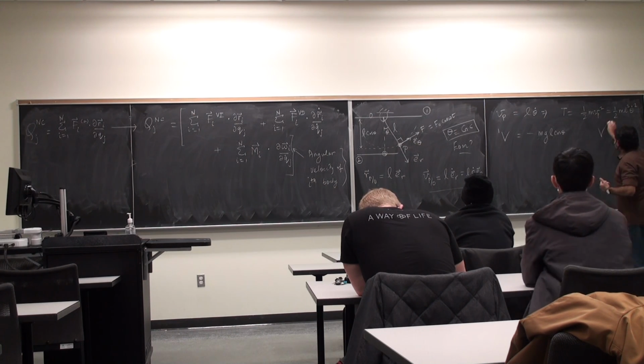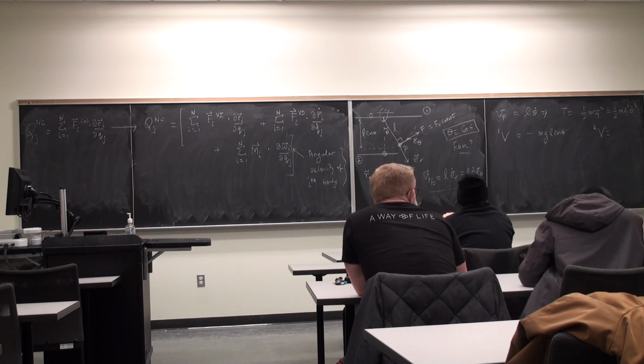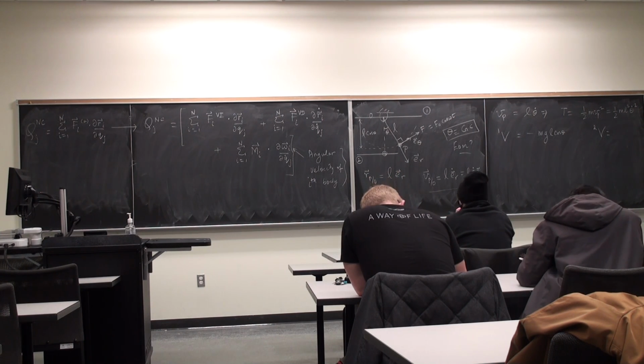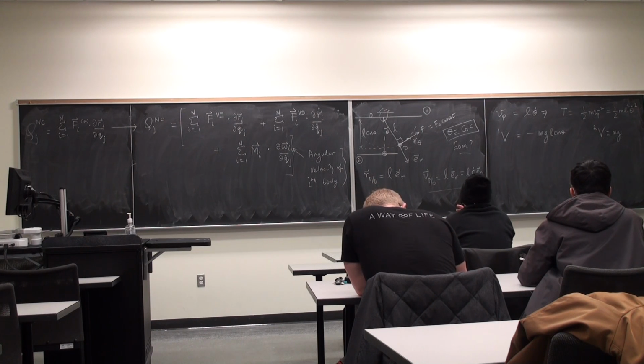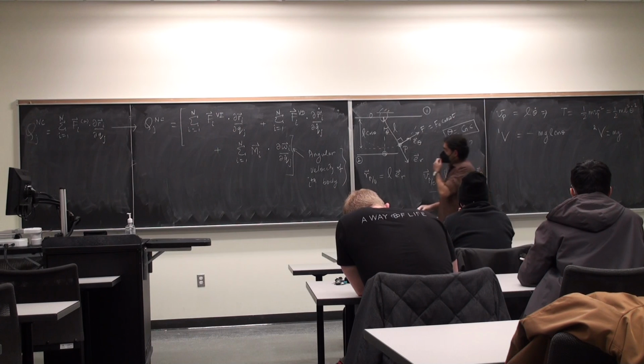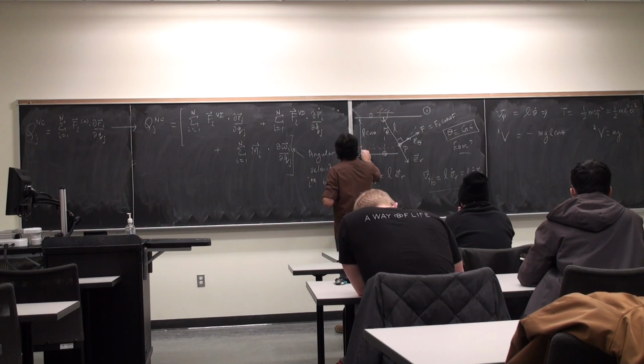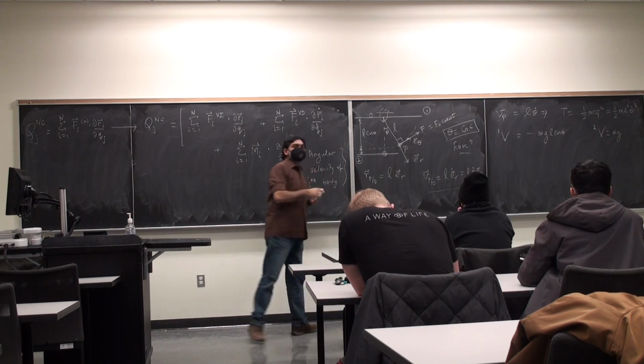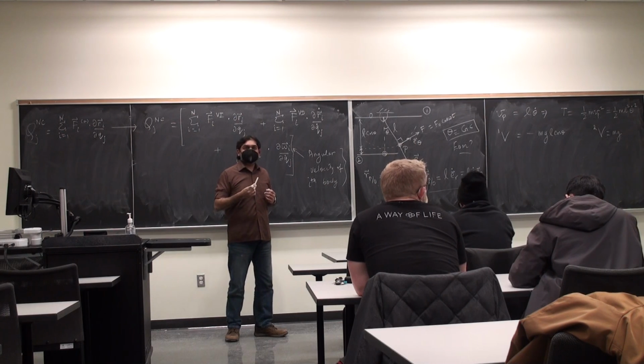If I choose the second line as my datum, what's my potential energy? It has to be mg times the distance of the particle at any point in time from the datum, which is going to be the total length L minus L cosine theta. So that's going to be this little distance there. Does that make sense to everybody?